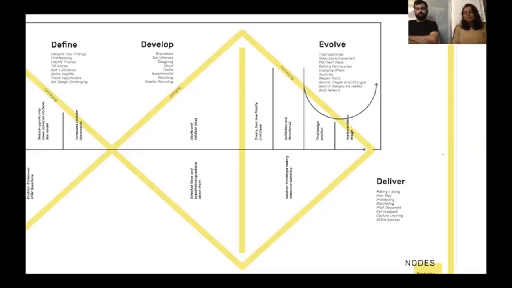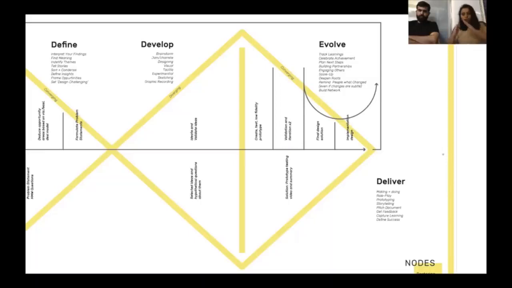When selecting an idea, the best thing to go with is the viability, feasibility, and desirability model. The final concepts that you select should have these three parts. And usually if it goes from the need side, you will be able to have these three parts. So this is the part where you again converge.